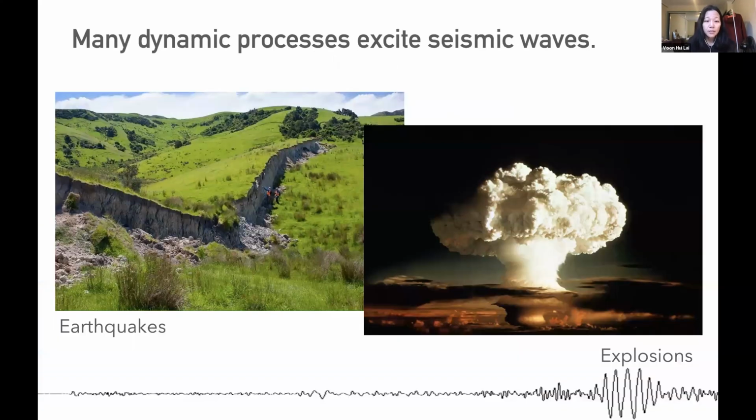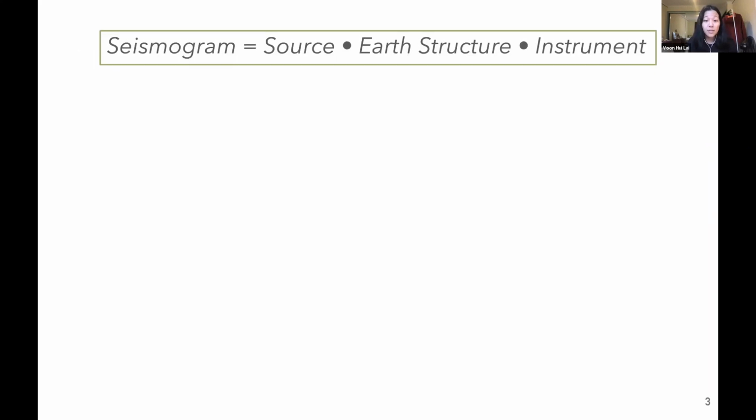So as a seismologist, I'm interested in using seismic waves to learn about dynamic processes such as earthquakes and explosions. The seismograms that we record are a combination of many elements. First, they reflect the effects of the source, which is how seismic waves are generated, and the earth structure, which is the medium that the waves travel across, and finally they get recorded by the instrument itself, which we hope we know best.